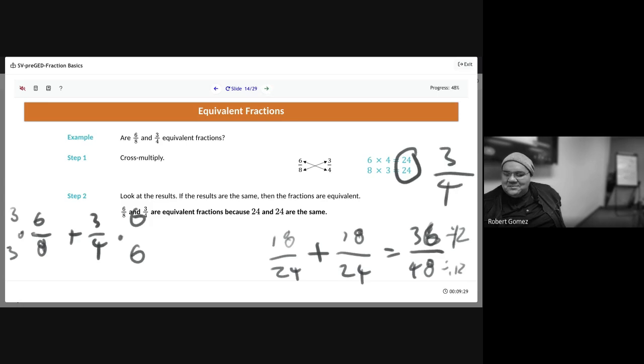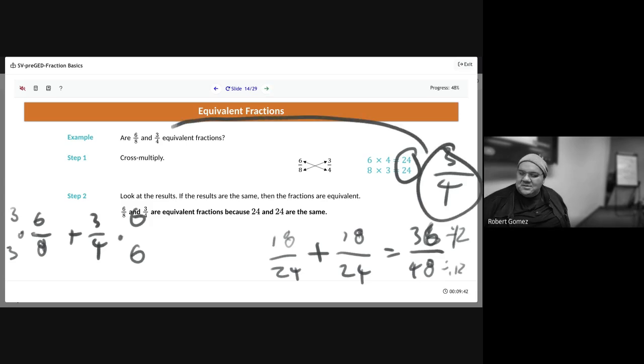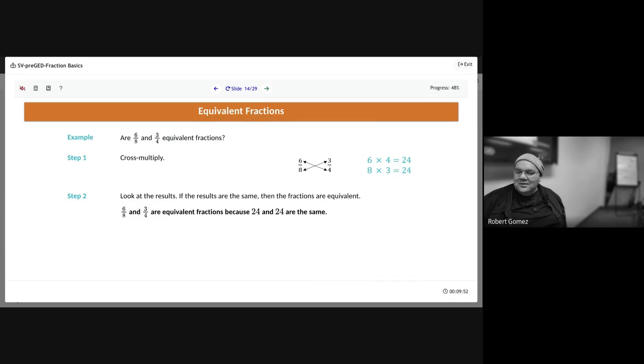Now, we just did a big circle here. I'm just telling you right now, because what we ended up with is 3/4, and that was one of the numbers that we started out with. But I just wanted to show you how powerful this skill is.